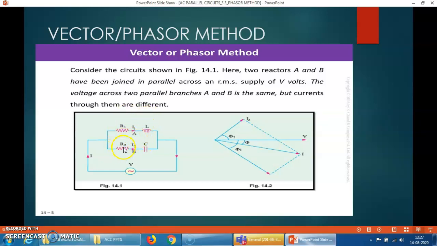In the second branch there is a resistor and the capacitor, so Z2 is equal to R2 plus jXC. For a capacitor, capacitive reactance is there, so Z2 is equal to the root of R2 square plus XC square. In the next slide I will show you.